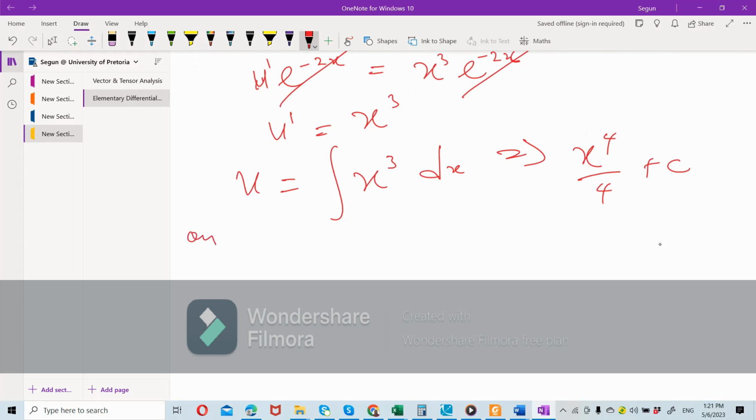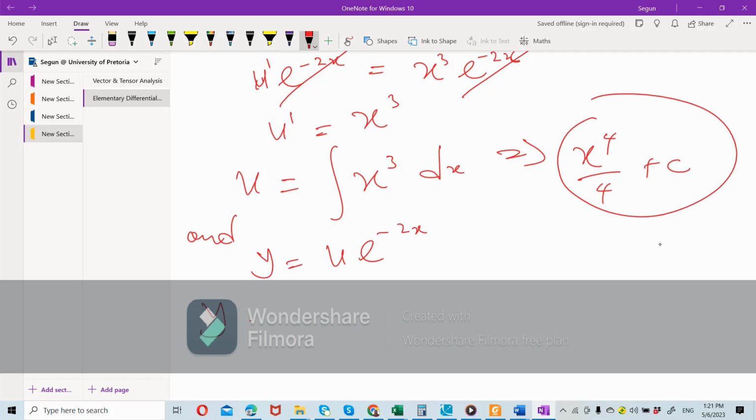And our y is equal to u exponential minus 2x. So we know that this is equal to this. Then we can proceed and substitute the value. We know the u now. Our u is equal to what? This is our u.